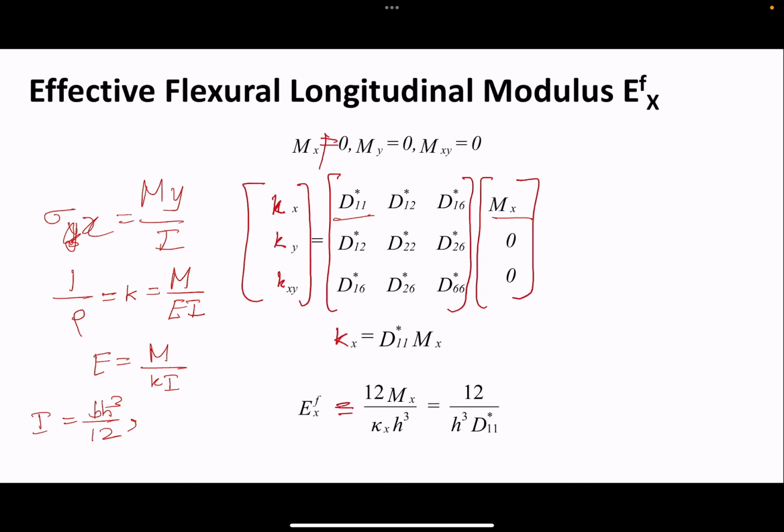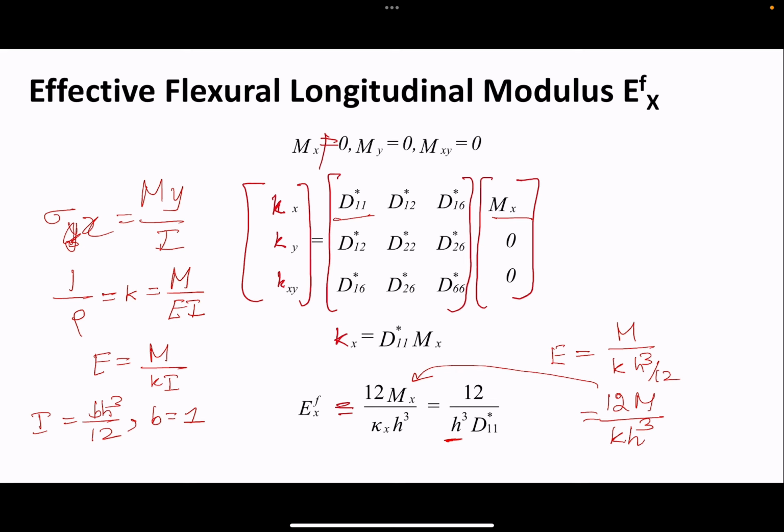Because we consider loads to be per unit length, b is considered to be 1 here, which means E equals M by kappa times h cubed by 12, or 12 times M divided by kappa h cubed. So that's what you have here. And of course you substitute for kappa and you get, as usual, a relationship between h and the D inverse matrix. I'm not going to bore you with all the other derivations.